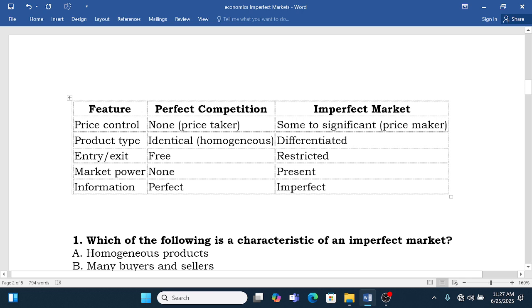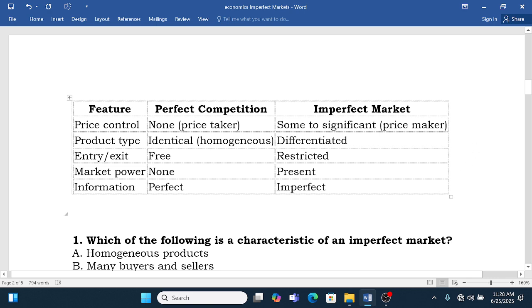Price control: in perfect competition there is none, firms are price takers, and in imperfect competition there is some to significant control, firms are price makers. Product type: identical, homogeneous in perfect competition, but differentiated in imperfect. Entry or exit: free in perfect competition, restricted in imperfect. Market power: none in perfect competition, present in imperfect.